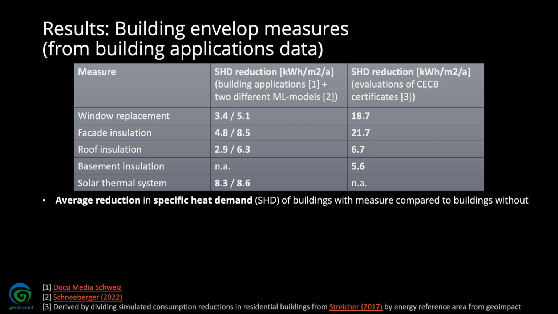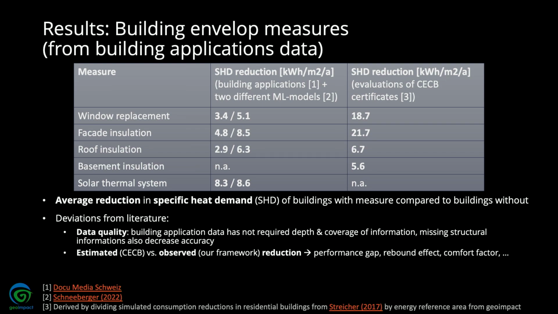And on the right-hand side, you see numbers extracted from literature. They also went some way, but they come from the CECB, which are these building certificates. From there, they extracted how much these measures take, and then they extrapolated it for whole Switzerland. And yeah, we see quite some deviations again, and here the deviations can be attributed to two effects.